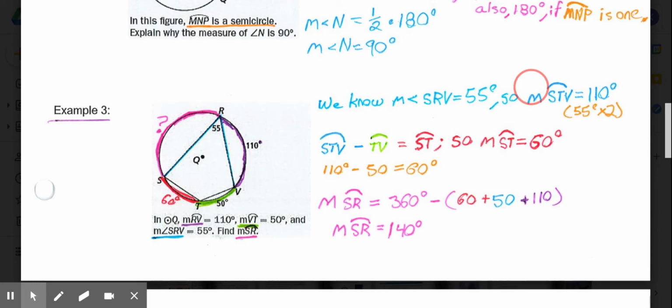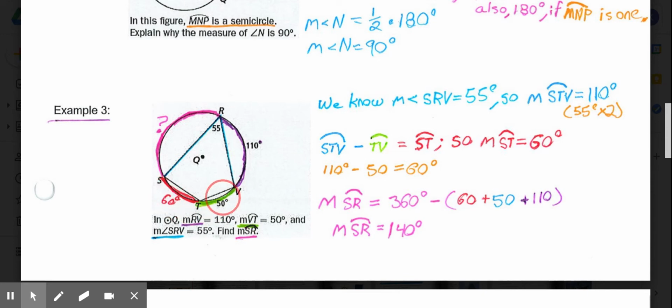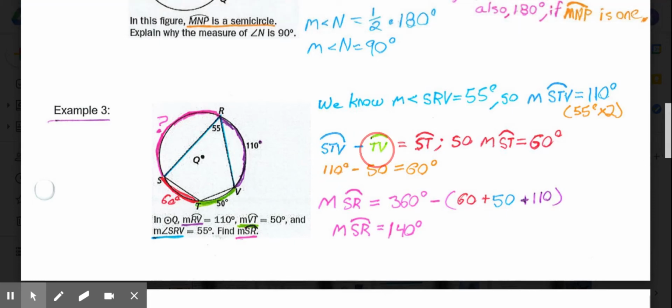That tells me the whole arc that angle makes, arc STV here, has to be double that angle measure. So S to T to V has to be 110 degrees. If STV is a 110 degree arc, minus the part we knew, arc TV, that leaves us with arc ST right here. And arc ST, 110 minus 50, is 60 degrees.